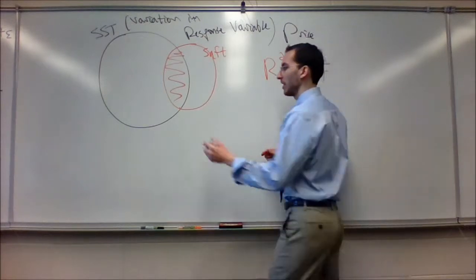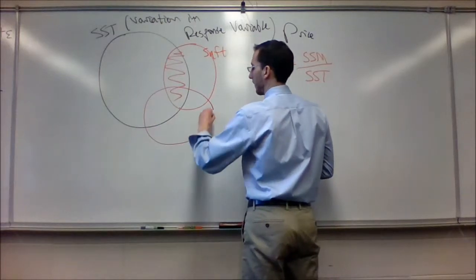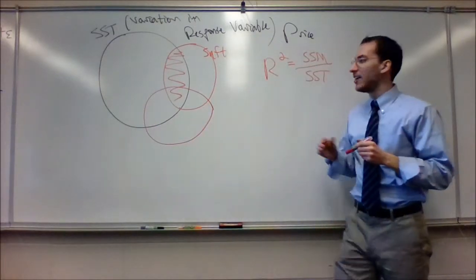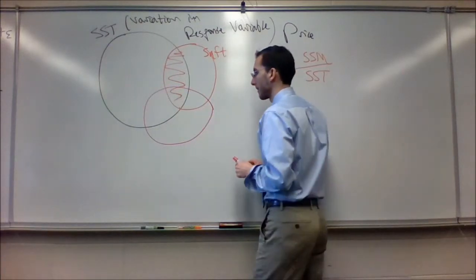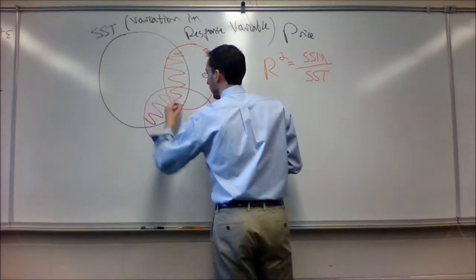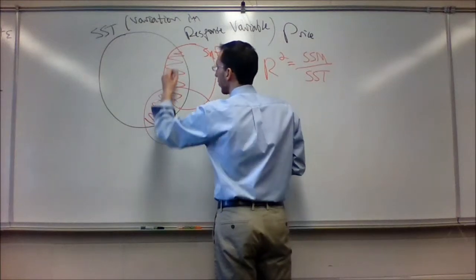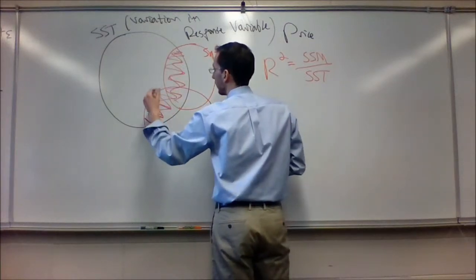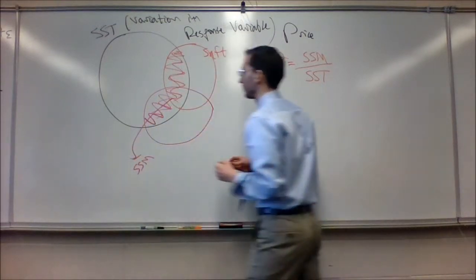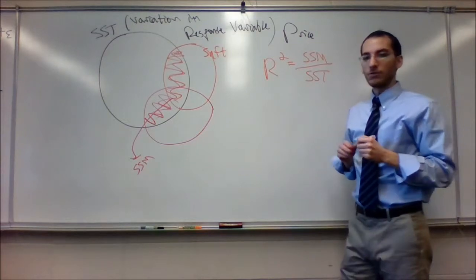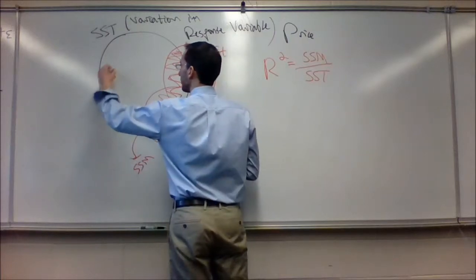When I add in another explanatory variable, I get another chunk taken out of my sums of squares total. And now my sums of squares model is this whole thing. And I'm just going to draw a little. So now my sums of squares model is this whole thing. And my sums of squares error is still what's left over.